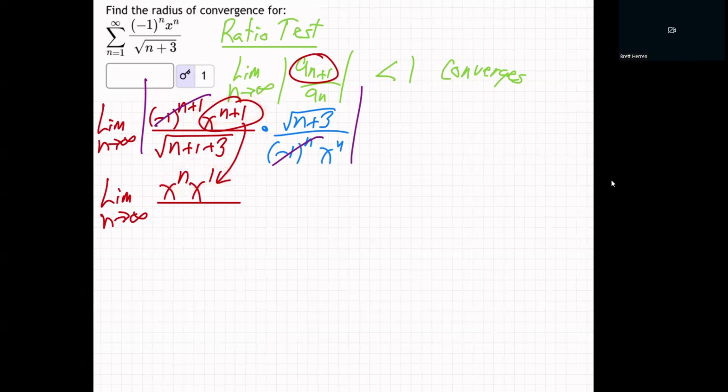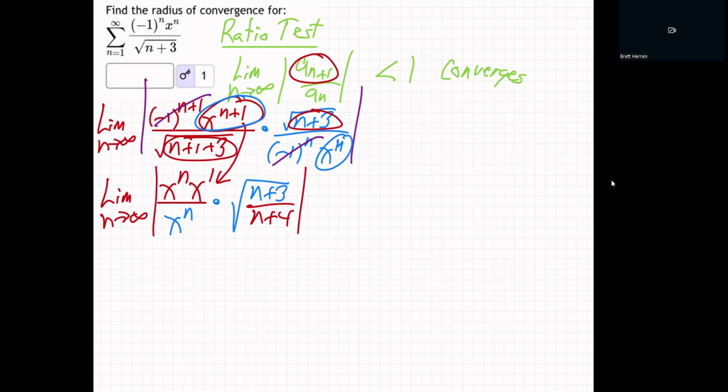We remember over on the bottom, x to the n, that's this term right here. So sometimes it's nice just to cross these off or circle them as you use them. And then right here, I'm going to write a big square root of n plus 3 over n plus 4. So I've used everybody.